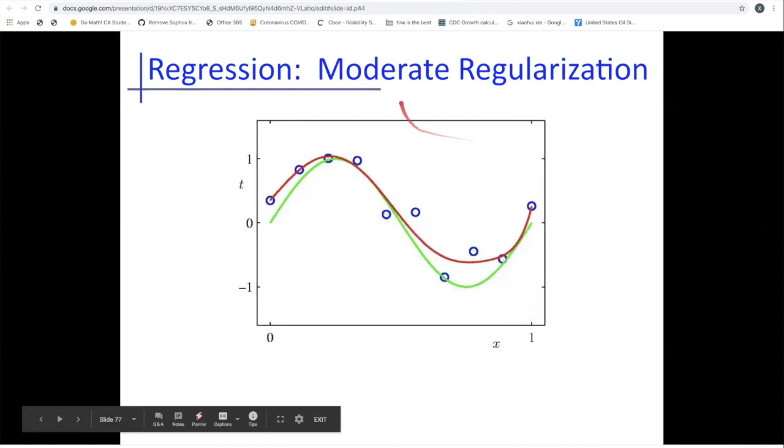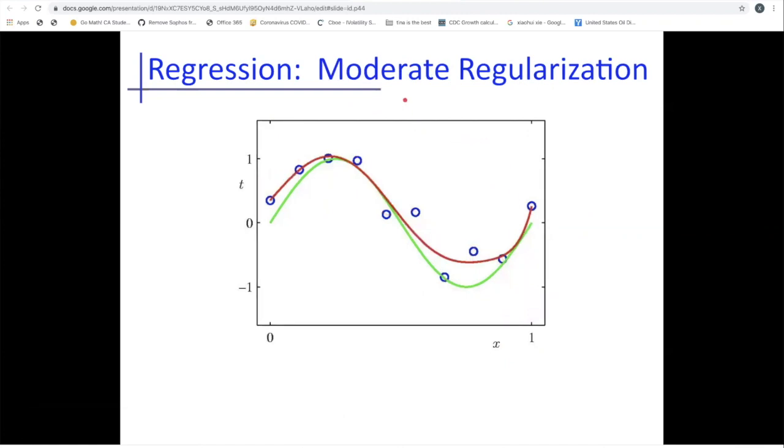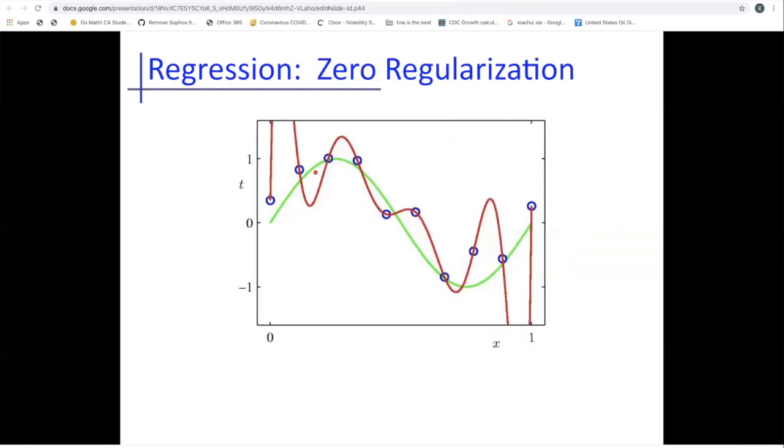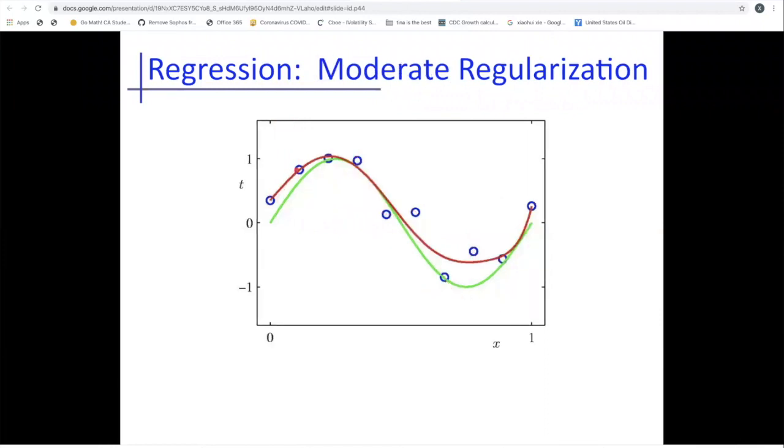Now, if you add a certain amount of regularization, suppose alpha equals 0.1, I just use that as an example, those higher order coefficients are pushed towards zero, so your predicted function tends to be smoother than the previous one, and the plot looks something like this. That's for moderate values of regularization.